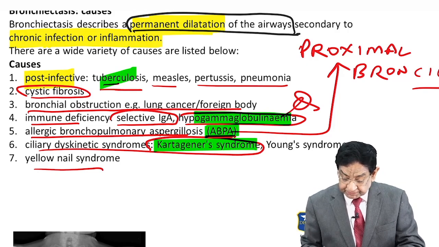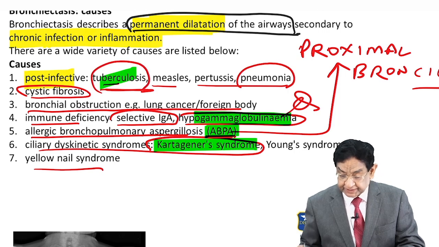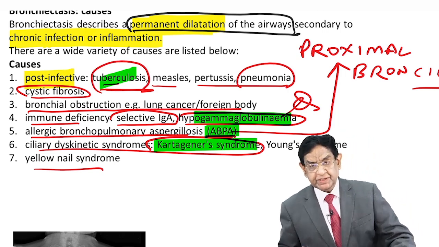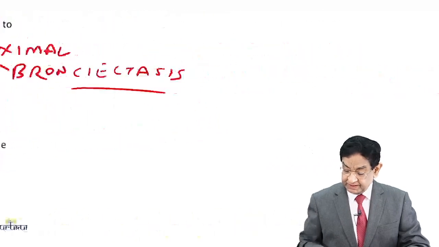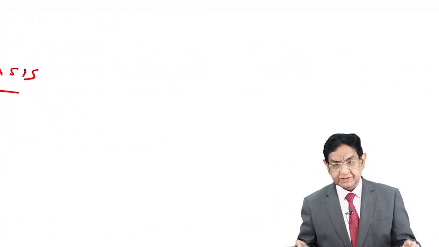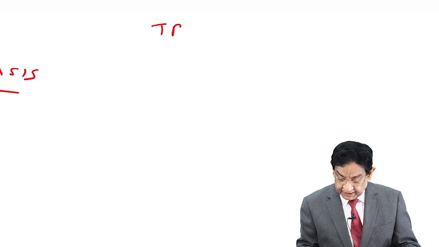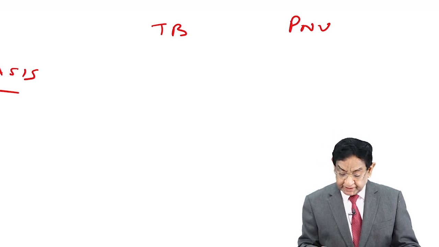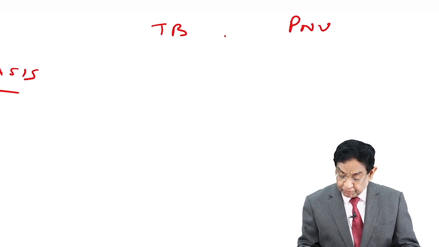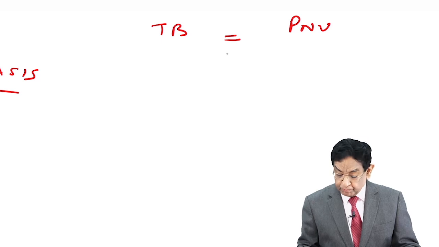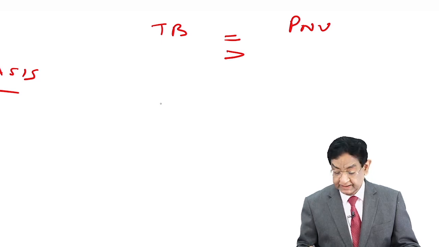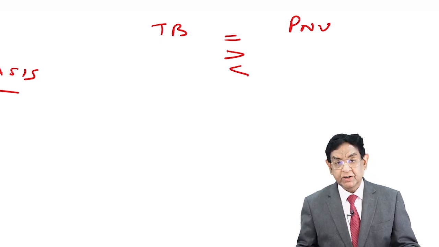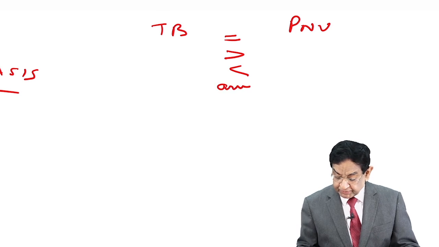Let me tell you something more about TB and pneumonia. Both are there. Now a question to you. Write down the answer. You got two patients, one with TB and other with pneumonia. Which of the following statements is true? Bronchiectasis will be equal in both, more in TB, more in pneumonia, or any of the above can happen.